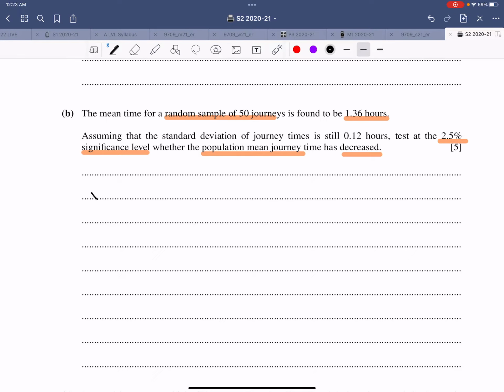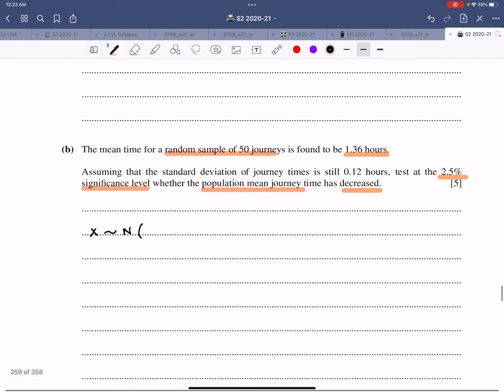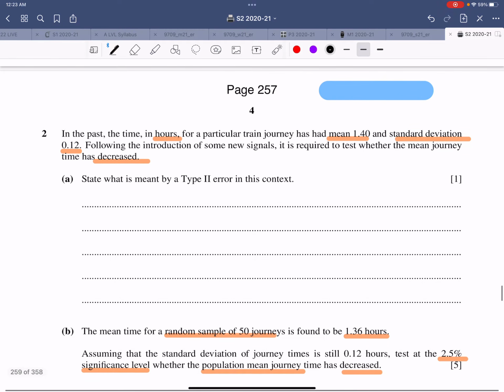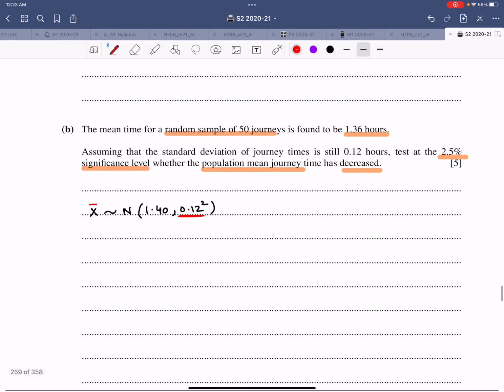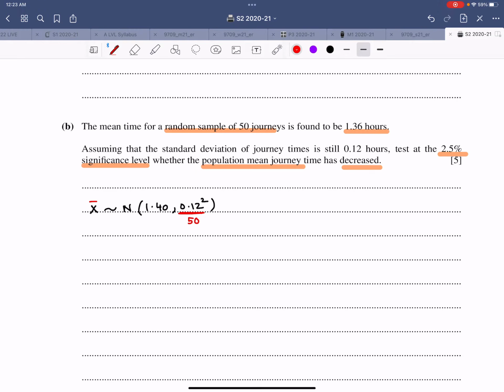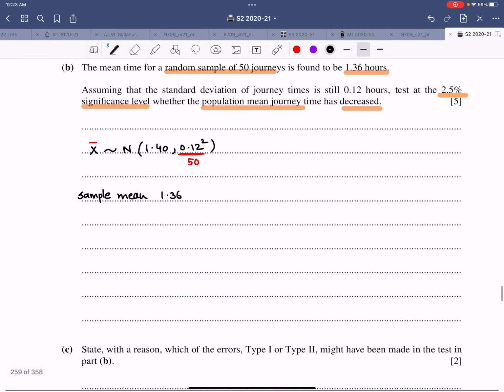First of all, you would write X follows a normal distribution with mean 1.4 and variance 0.12 squared. Since it's a sampling question, the variance is divided by 50. Second, the sample mean from the data came out to be 1.36 hours.